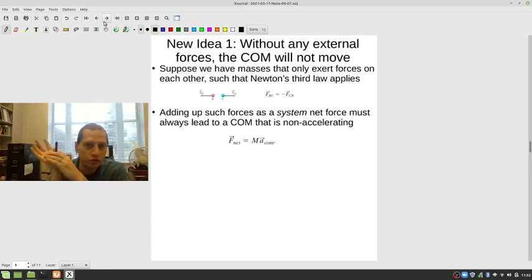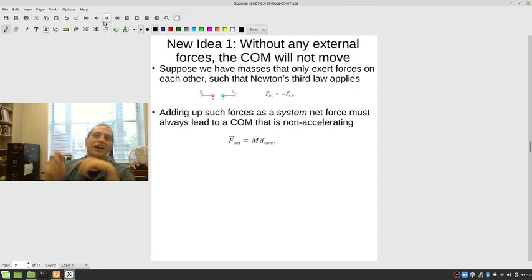We do have two new ideas today. And the first new idea is that without any external forces, the center of mass will not move. And I think I should say that more precisely. A more precise way to say that is that without any external forces, the center of mass will not accelerate.